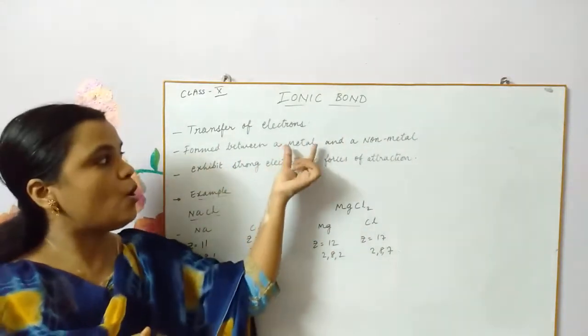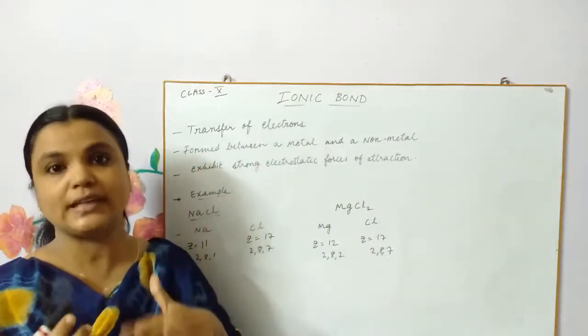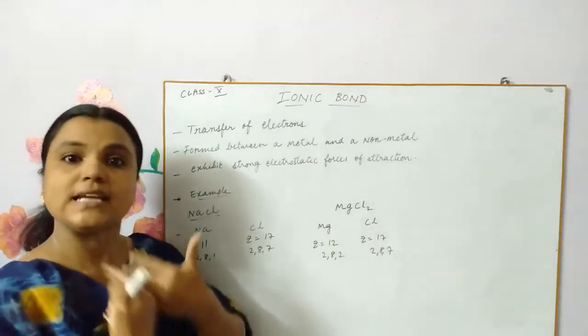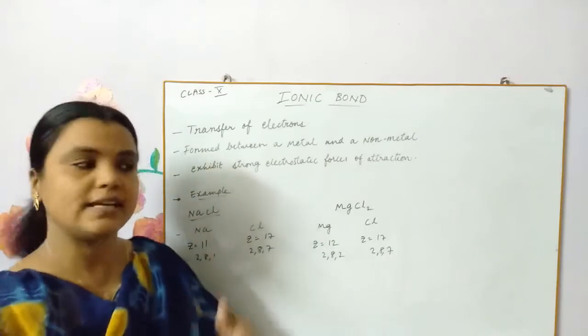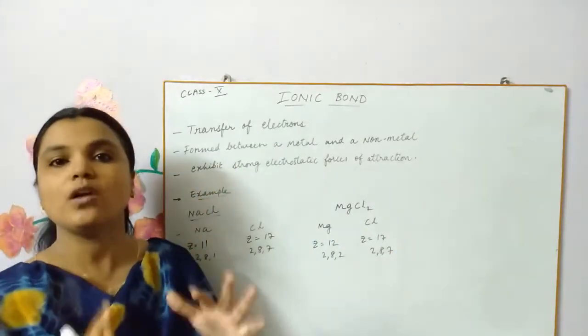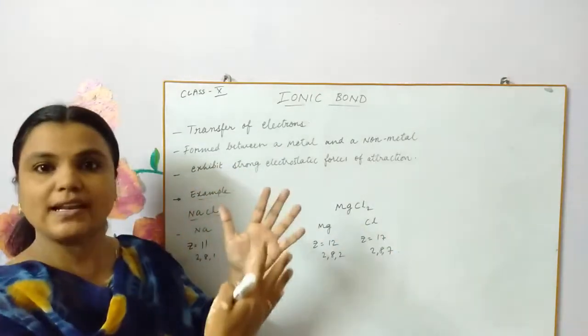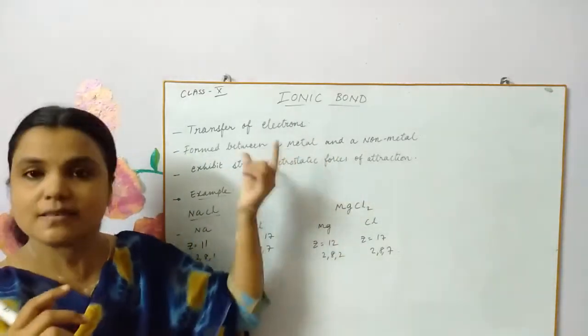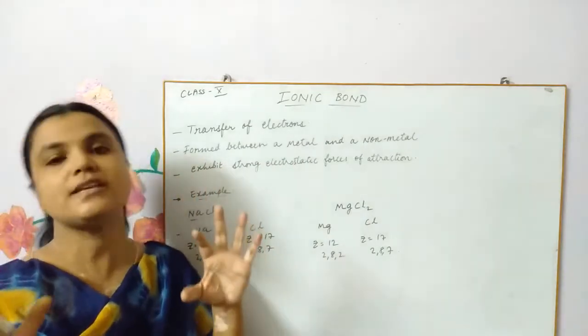So let us know what is the nature of metal. It is electropositive in nature. What do you mean by electropositive in nature? It has the tendency to give away an electron, and what happens when an atom gives away an electron? It gets a net positive charge. So metals are called electropositive in nature.